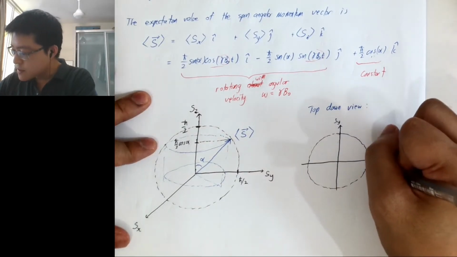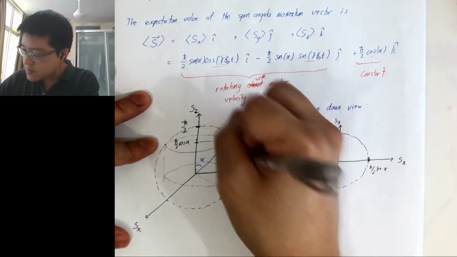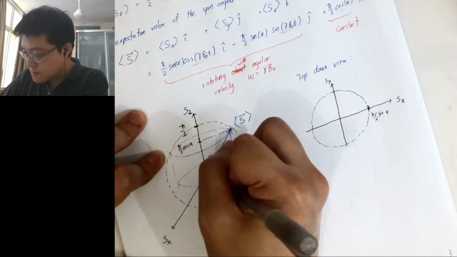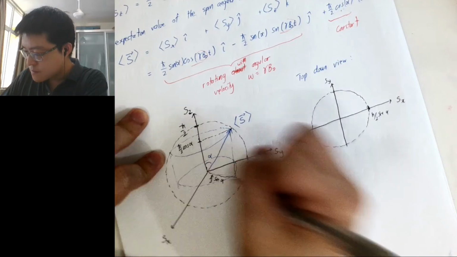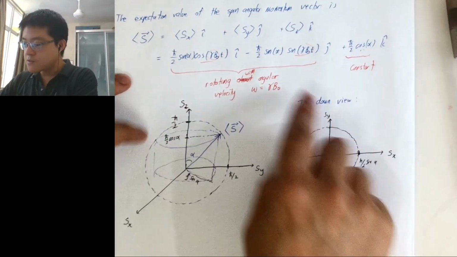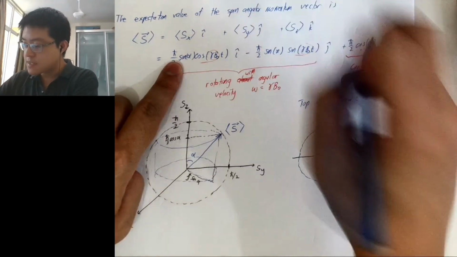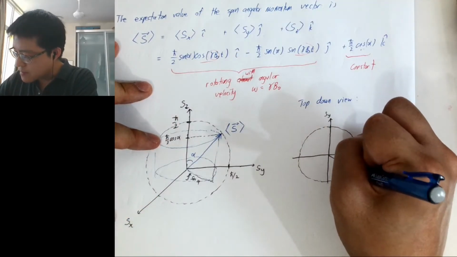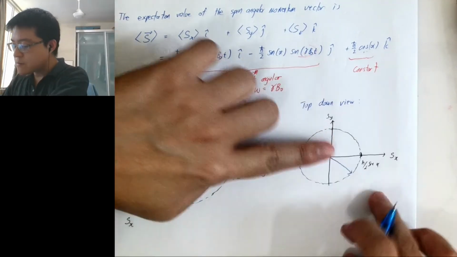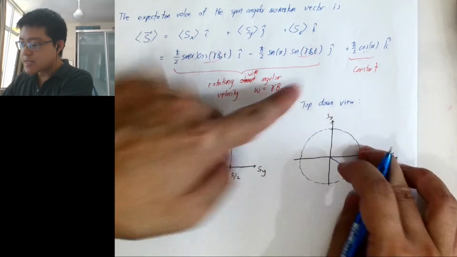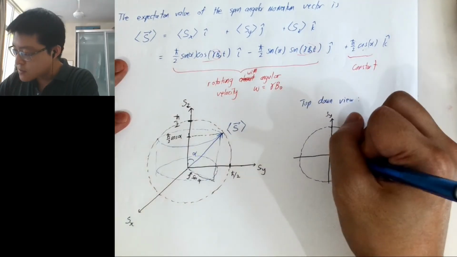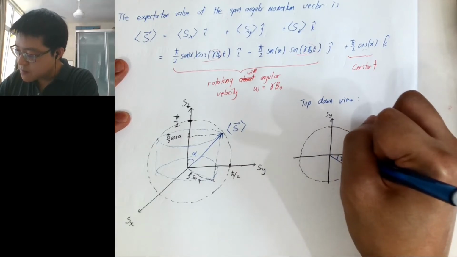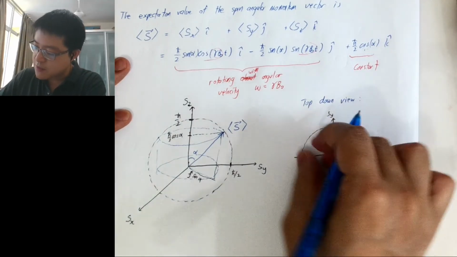So if you project this down, this length is h bar over 2 sine alpha, right? And my vector is rotating, so this is a positive x coordinate, this is a negative y coordinate, maybe like this. At time 0, it will be pointing perfectly to the left, but as time increases, it will be like this. So the angle here is gamma b0 t. As time increases, this angle will rotate, right?